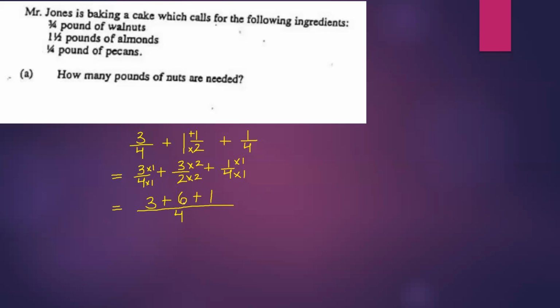Then we add 3 plus 6 is what? 9. 9 plus 1 is 10, so we have 10 over 4. Are we done yet? No, sir. We're going to divide. How many times does 4 go into 10?